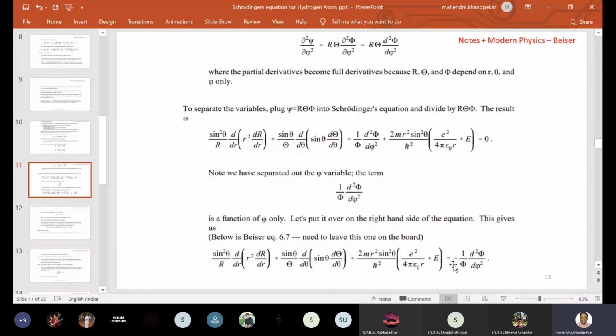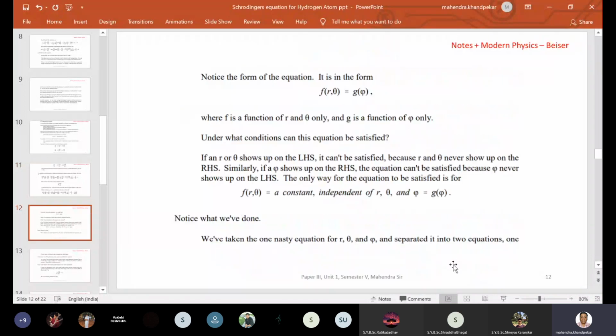Here notice the form of the equation. If I have f of r and theta in this form, g of phi, where r and theta are the two variables, independent of course, but kept on the left hand side, and phi is kept on the right hand side. Clear? So we can say that f is a function of r and theta only and g is a function of phi only.